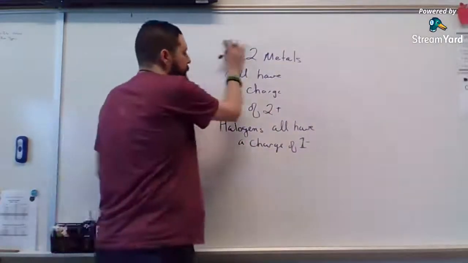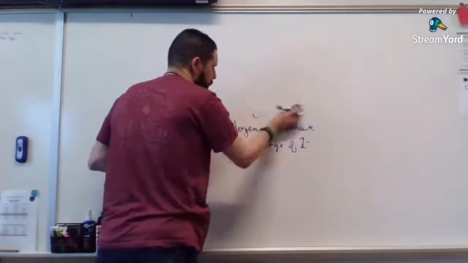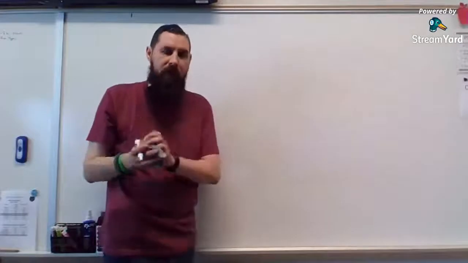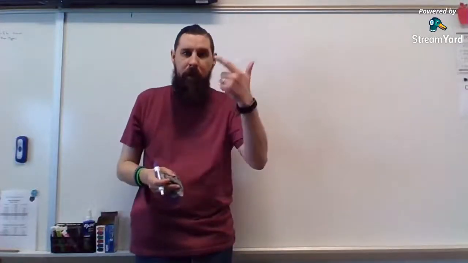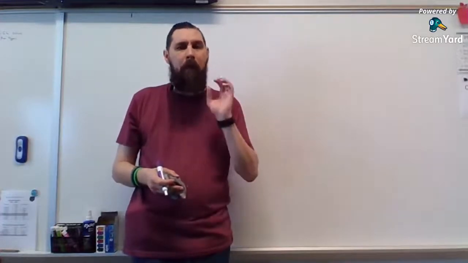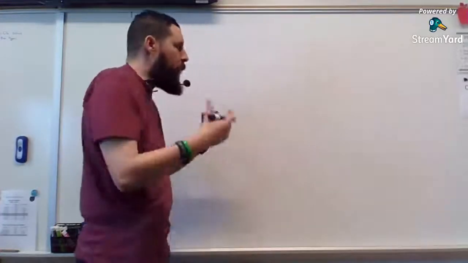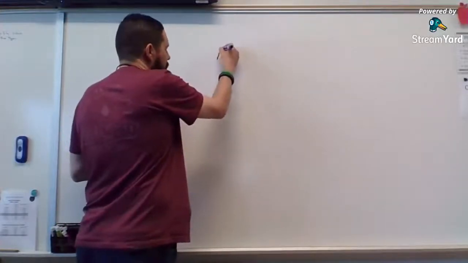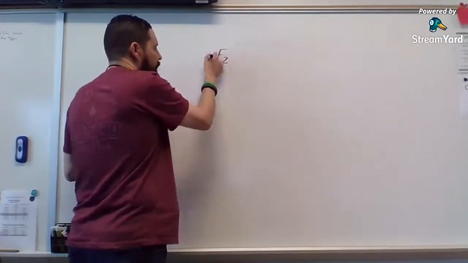So let's take a look at a couple of examples for this. The other thing that I want to remind you of is that the halogens, fluorine, chlorine, bromine, iodine, are all diatomic. So when we write out any reaction that contains fluorine, it's always F2.